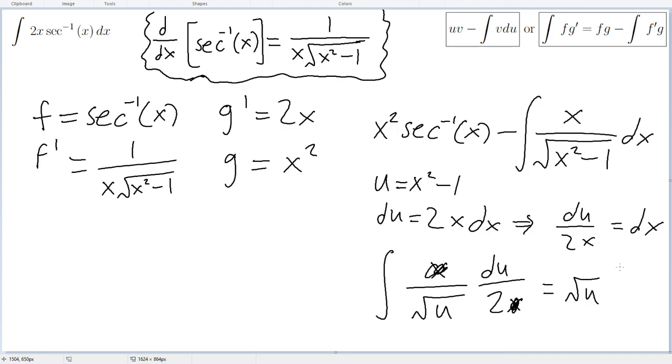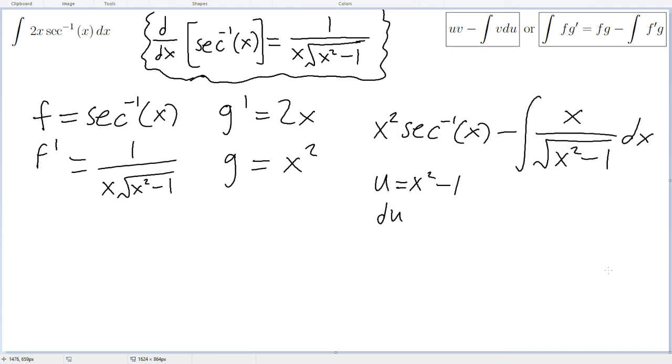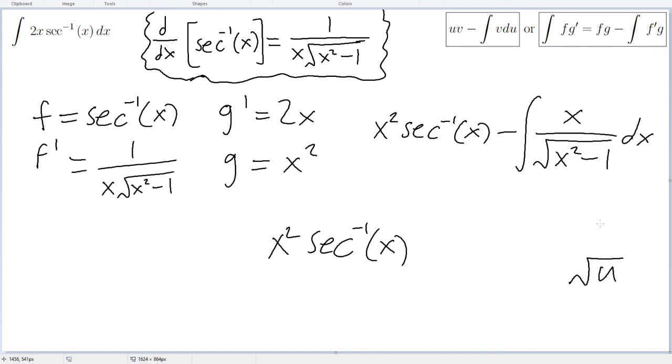Which you should get root u. So after doing all that u-substitution, your answer should be x squared times inverse secant of x minus root u. Because u is equal to x squared minus 1, your answer becomes the square root of x squared minus 1. Let me write that nicely.